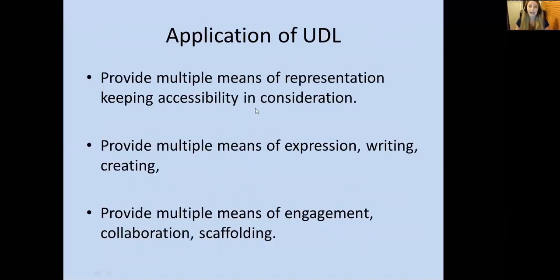So the application of this would mean providing multiple means of representation, keeping accessibility in consideration again. So you're providing different ways to present the information. In elementary schools, we use a lot of manipulatives, so things that are tangible, visuals, and providing multiple means of expression.